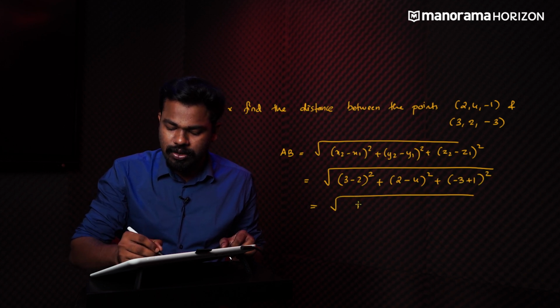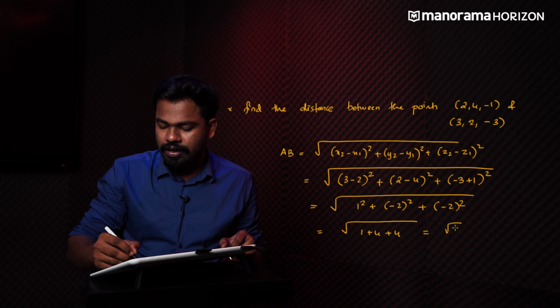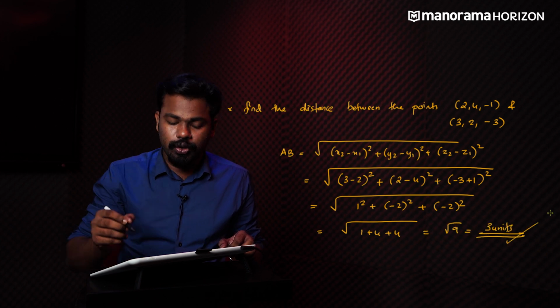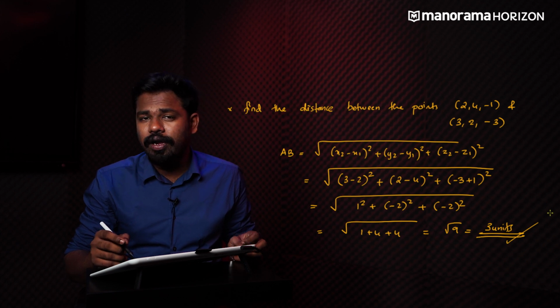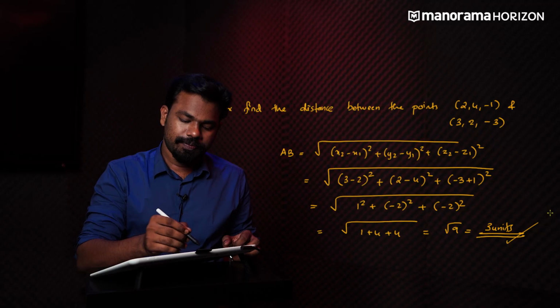So that gives us 1 square plus minus 2 square plus minus 2 square, or it is root of 1 plus 4 plus 4. So root 9, that is equal to 3 units. So you get the distance between the points (2, 4, -1) and (3, 2, -3).